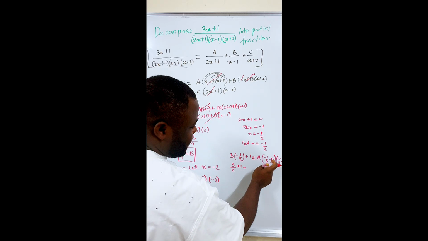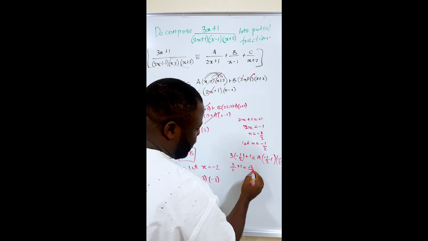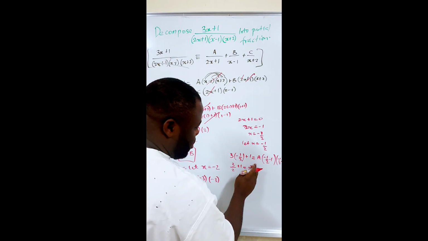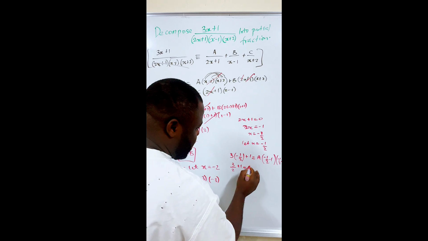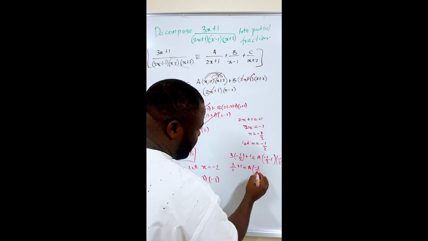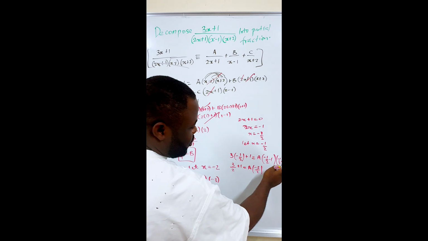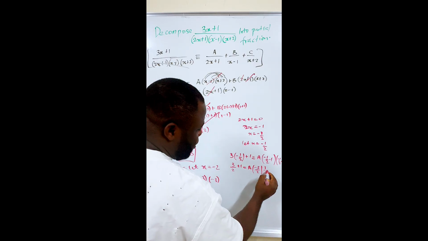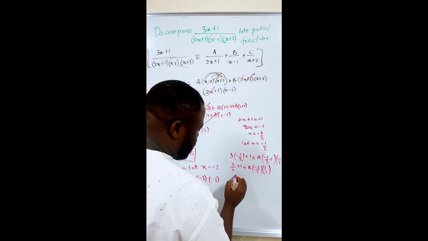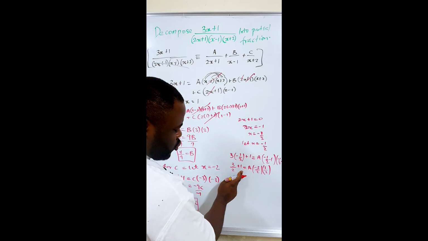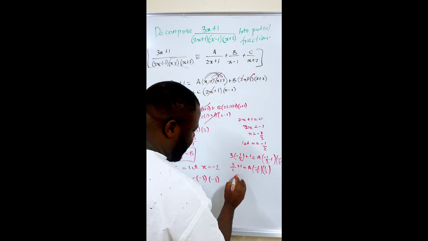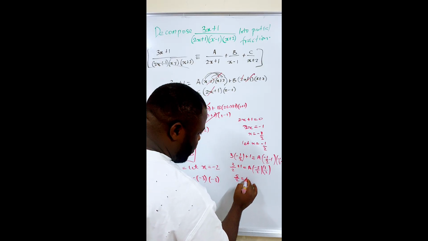Negative 1 minus negative 2, you get negative 3. So this will give us negative 3 over 2. And this time this will give us 4. So this will give us 3 over 2, right? So we now have, this time this will give us 2. This will give us 5 over 2 equals a.